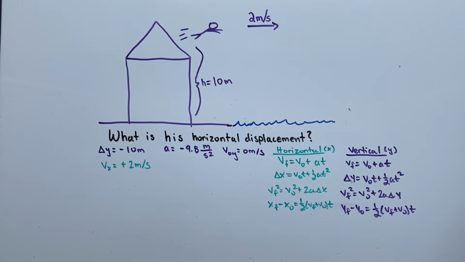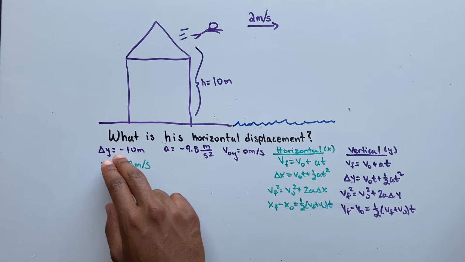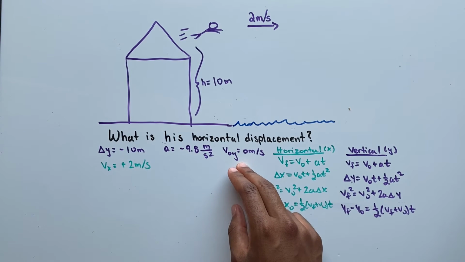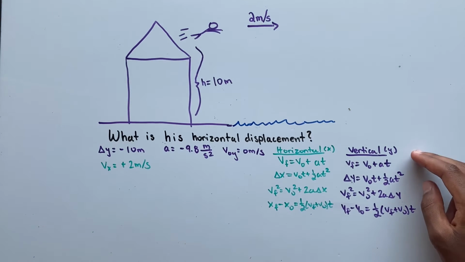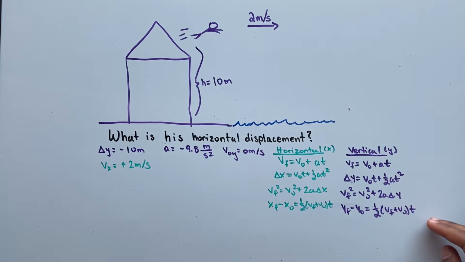After jotting down our given variables, we notice that we have a majority of vertical components. So looking at our vertical kinematic equations, we see that the second kinematic equation fits best to solve for our time.